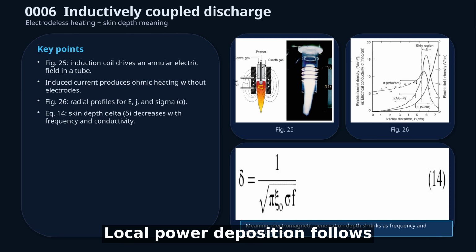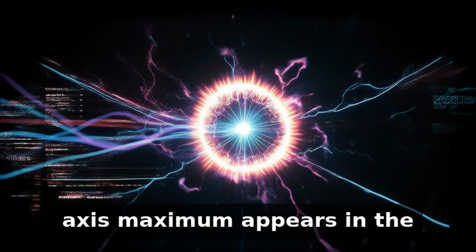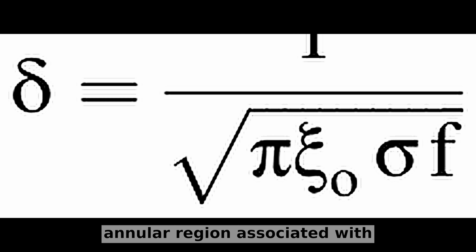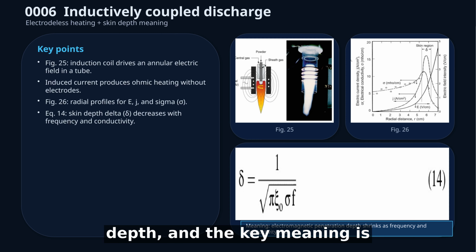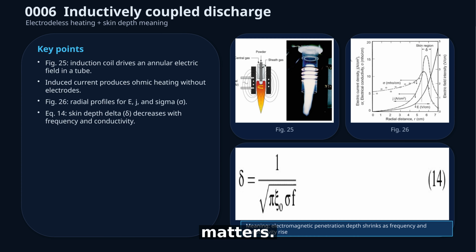Local power deposition follows the product of current density and electric field, so an off-axis maximum appears in the annular region associated with skin depth delta. Equation 14 defines skin depth delta as the electromagnetic penetration depth, and the key meaning is that penetration decreases as applied frequency and electrical conductivity increase, while magnetic permeability also matters.